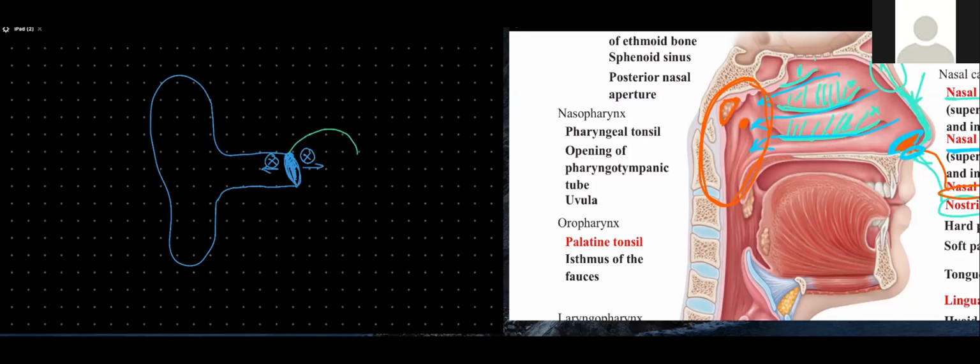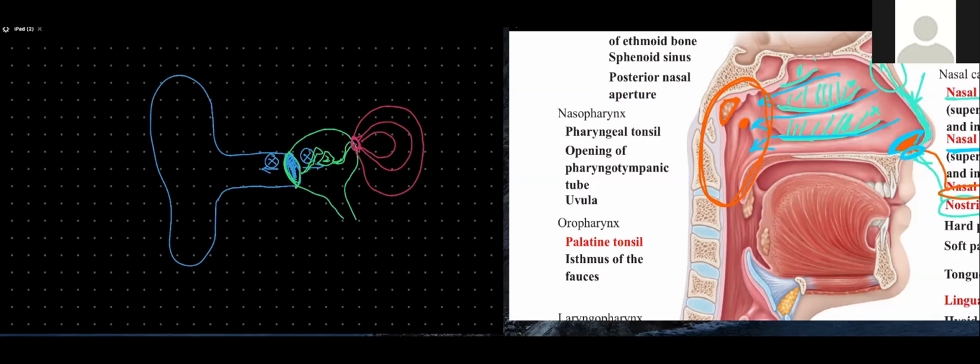This takes us to the middle ear, where I've got 3 tiny bones. Those are the malleus, incus, and stapes that will be conducting the vibrations of the tympanic membrane towards my internal ear, where I've got the receptor responsible for hearing. This was the organ of Corti inside the cochlea.